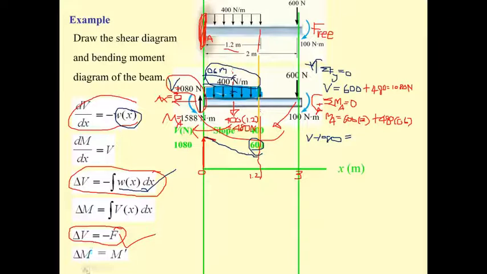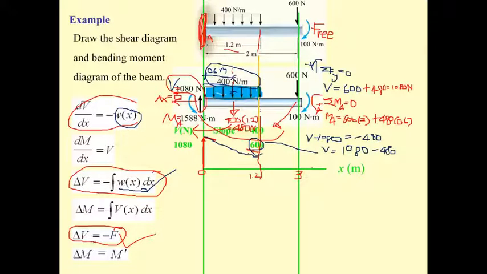So we have minus 480. This area is 480. And then when you move, V is equal to 1080 minus 480, and then you get 600.